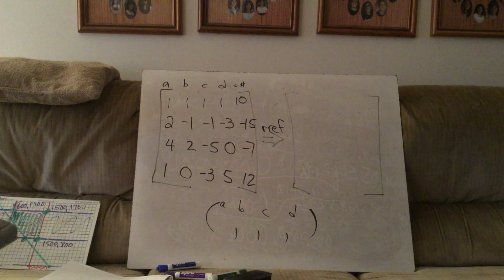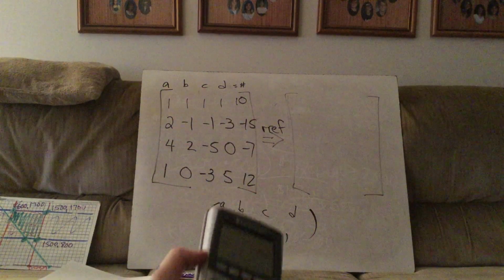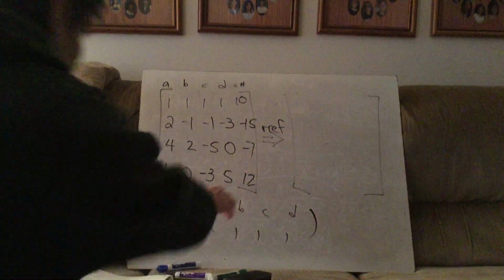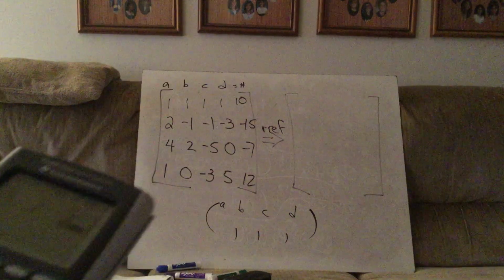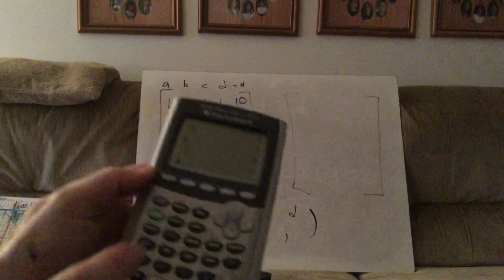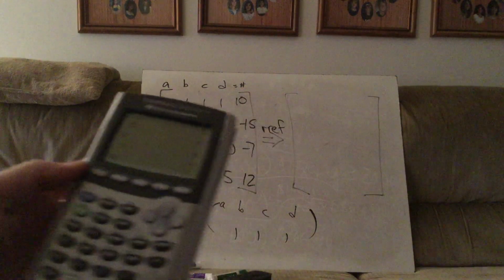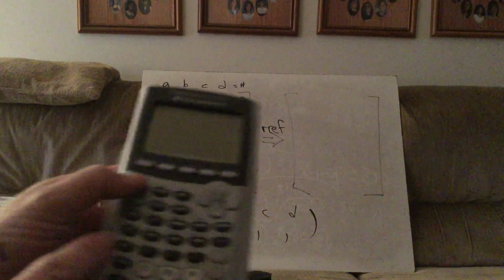Okay, I'm sorry you had to wait on me. I had some more technical difficulties. After you get in that last 12, and you have pressed enter, then you're going to press second quit. And then go back into your matrix.